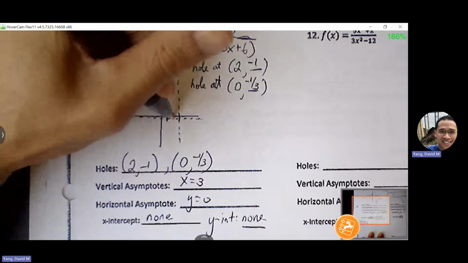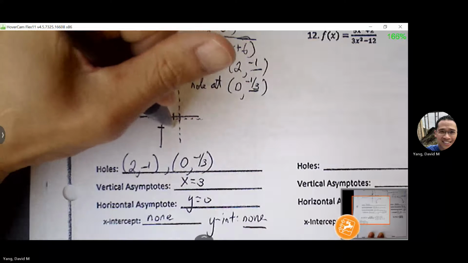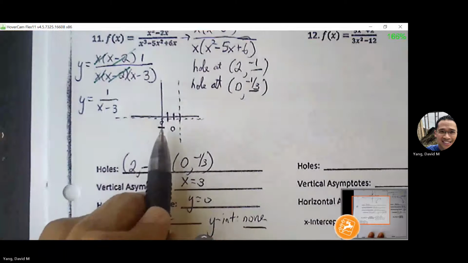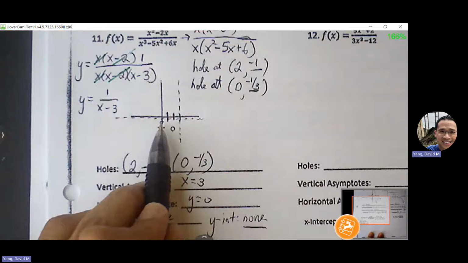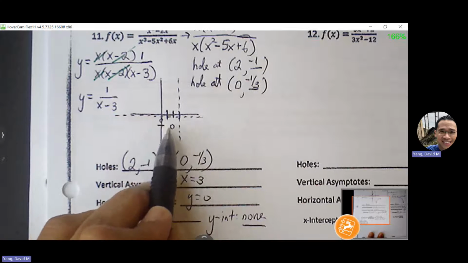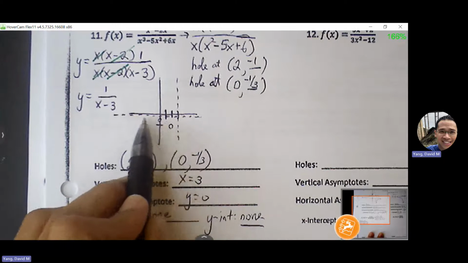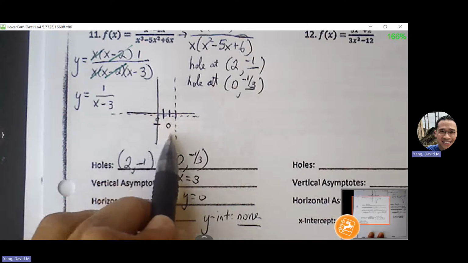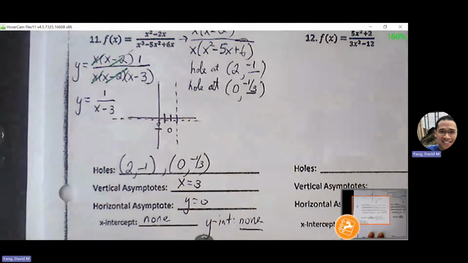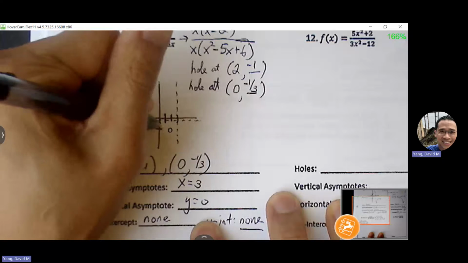But we know our graph is going to have to move towards these holes. I have a hole that is higher up than the other hole, and I can see that if I were to connect these two, my slope is going to be decreasing. That, along with the asymptotes, lets us get a pretty good feel for how our graph is going to look.